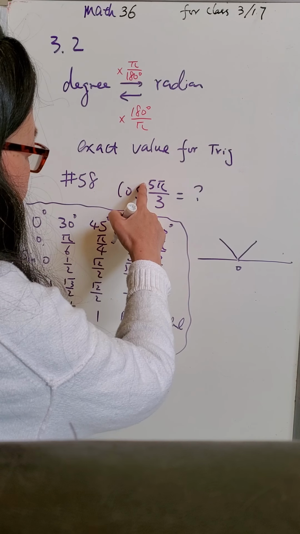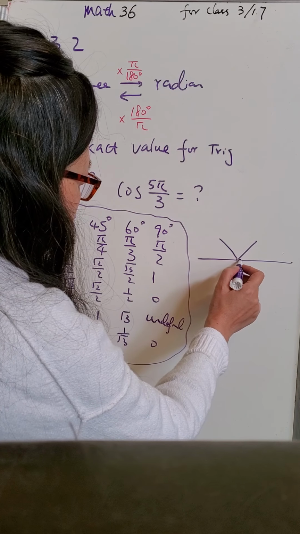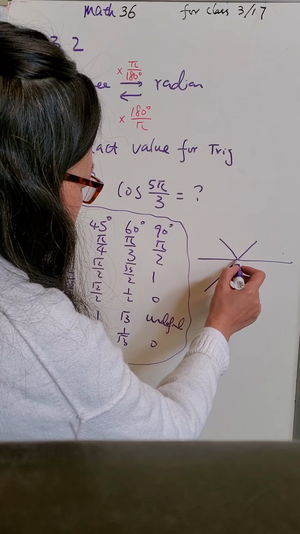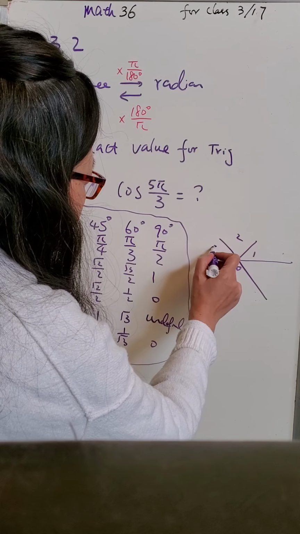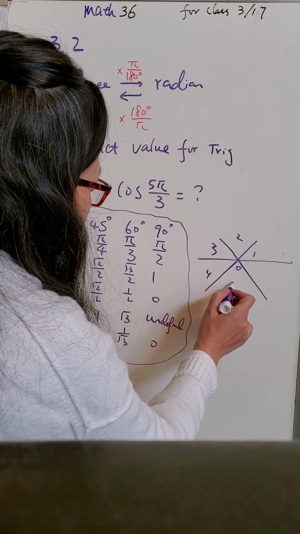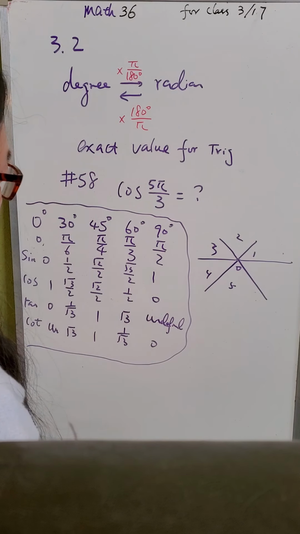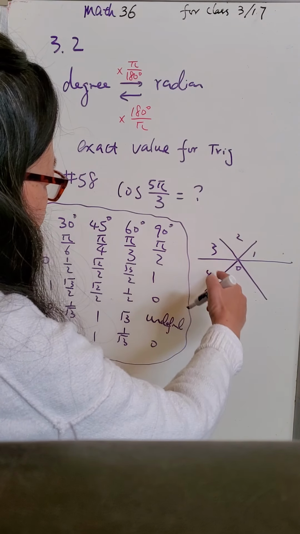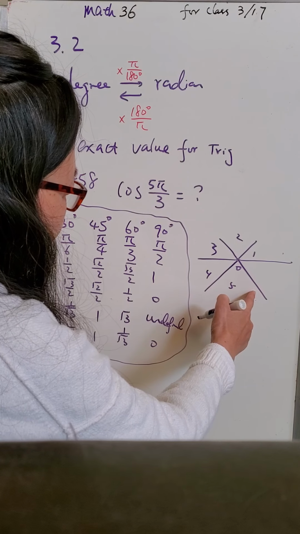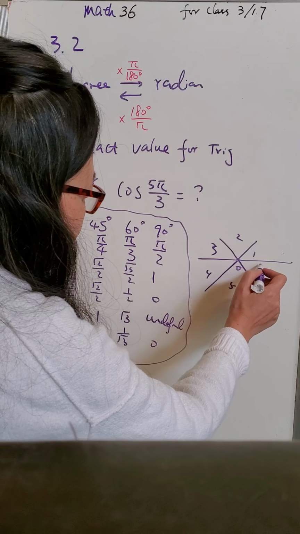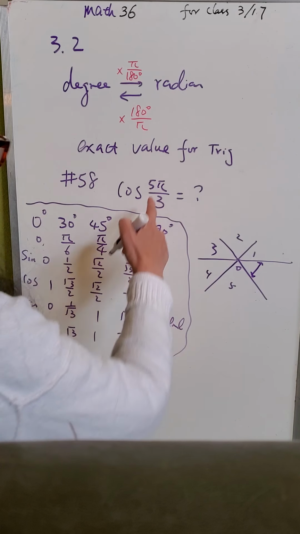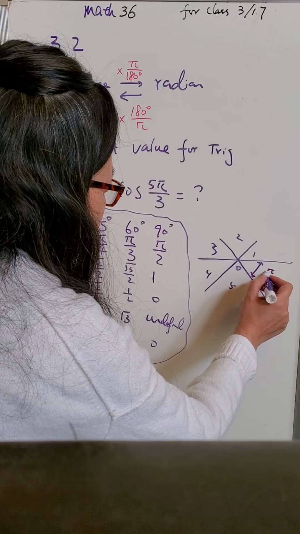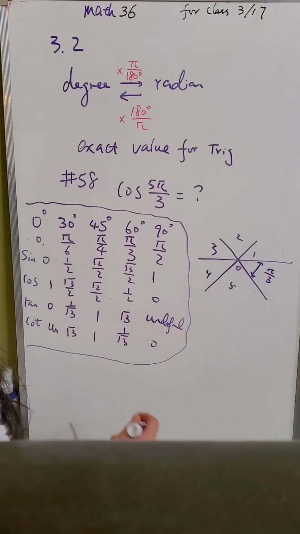Then you take 5 of them: 1, 2, 3, 4, 5. So you're right here. The pi you don't take is your reference angle, so that is your pi over 3.